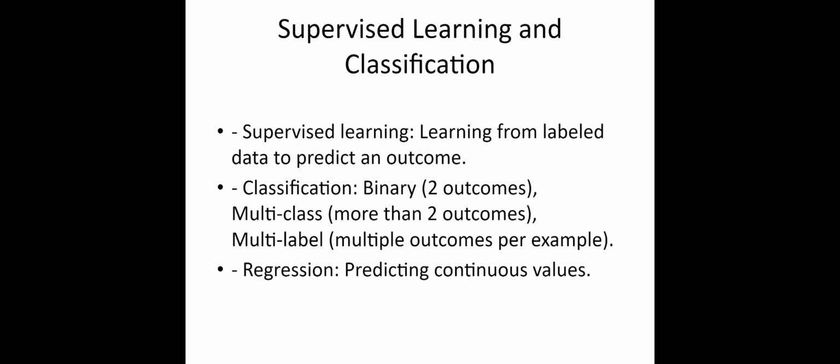In my dissertation, I tried to predict whether developers were stuck or not stuck. Those labels were stuck or not stuck. And if you notice, there were two outcomes, right? To play or not to play, or stuck or not stuck.